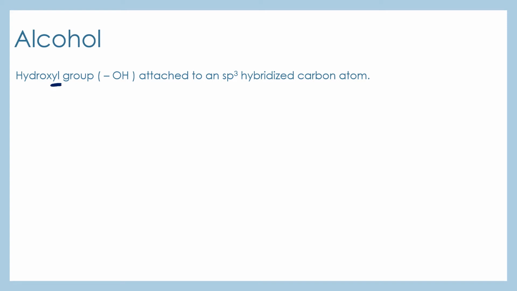So -yl is telling you that you are describing a piece of the molecule. It's kind of like making it an adjective. You're describing something. So for example, a carbon can have whatever else attached to it, but if it has the OH group attached to it, it is an alcohol, as long as this carbon remains sp3 hybridized.